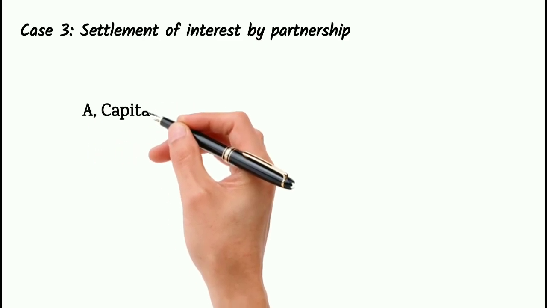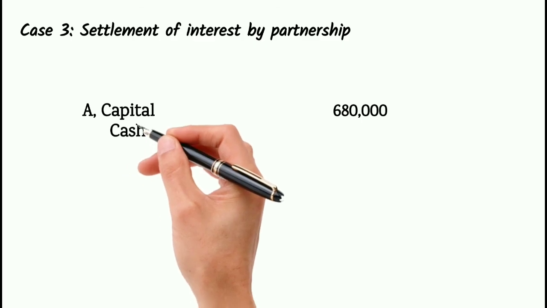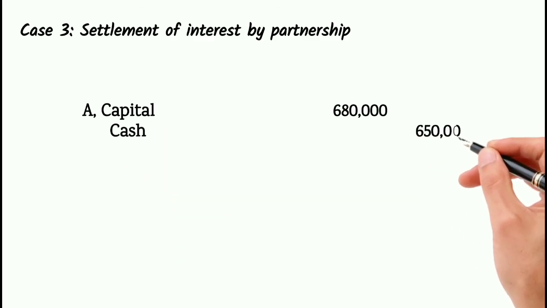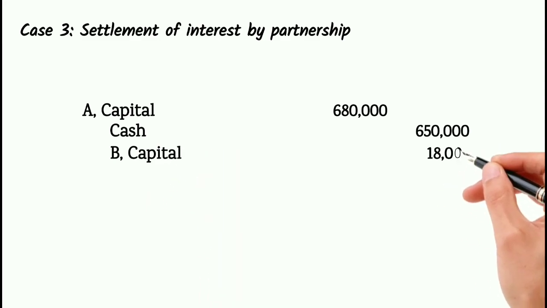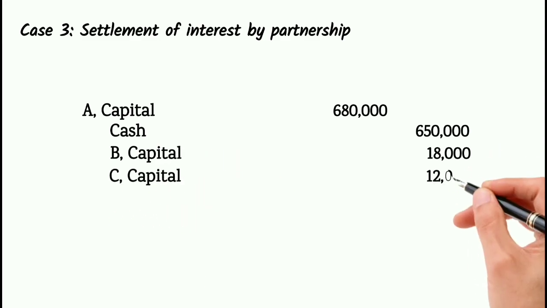First, let us provide the entry to record the retirement of A from the partnership on September 1, 20x1. Debit A capital 680,000 pesos, credit cash 650,000 pesos, credit B capital 18,000 pesos, credit C capital 12,000 pesos.